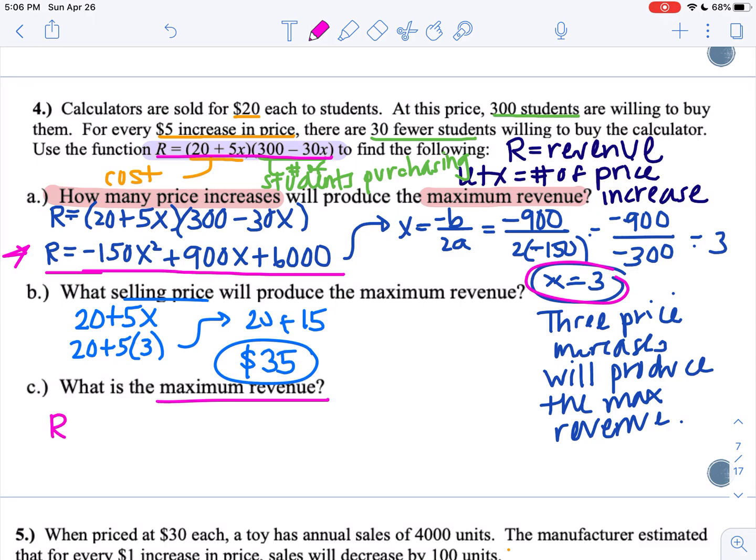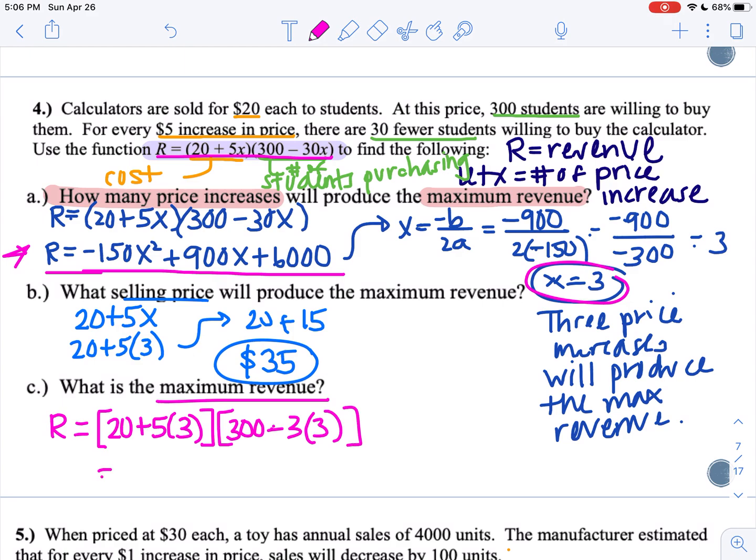All right. Once I plug in x, I can solve for r to get my revenue. So r equals 20 plus 5 plus 3 times 300 minus 3 times 3.